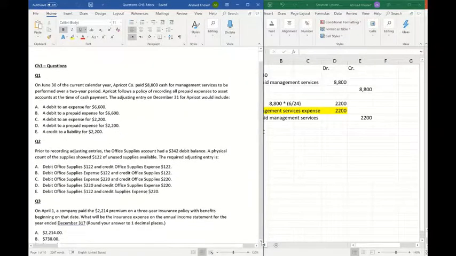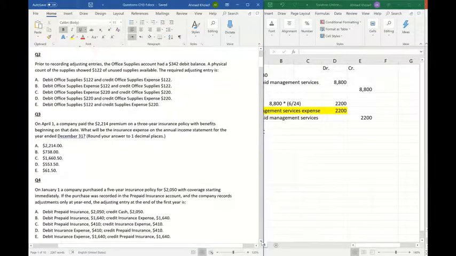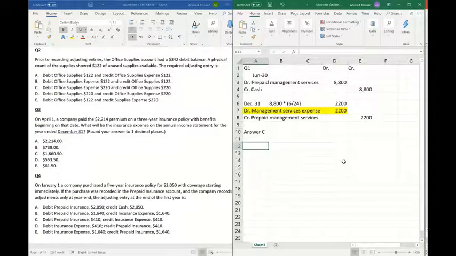So moving to the second question, it is also about prepaid expenses, mainly covering supplies now.